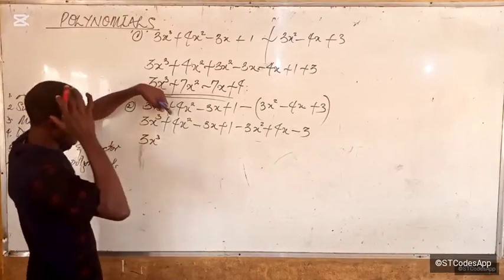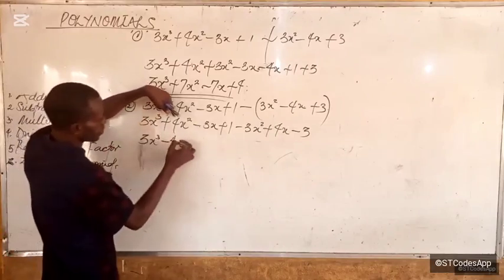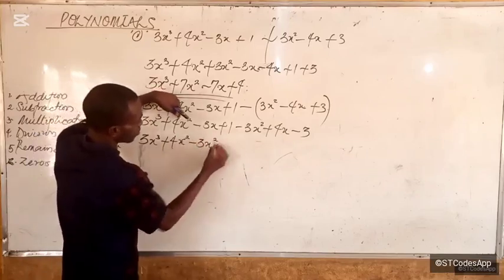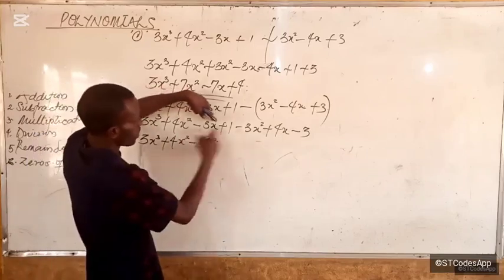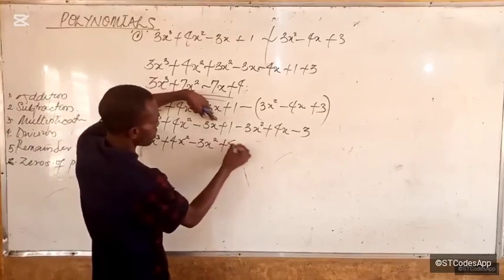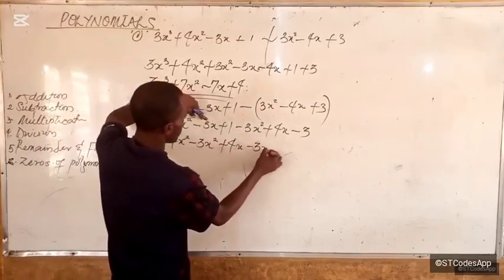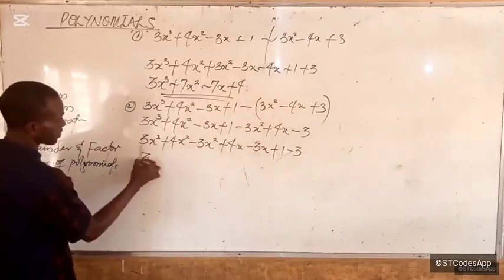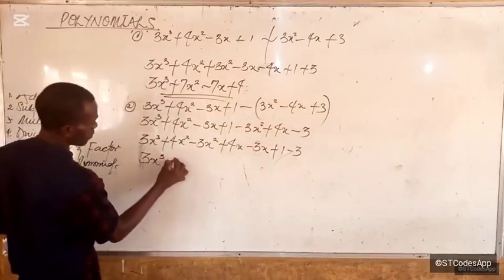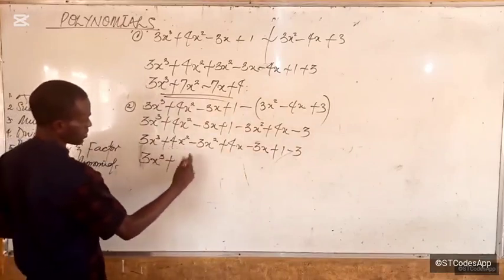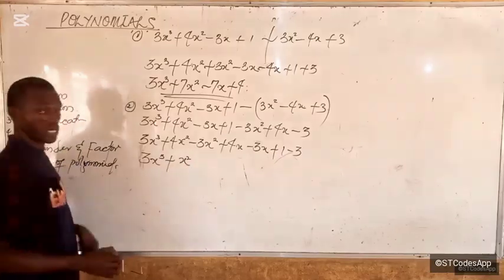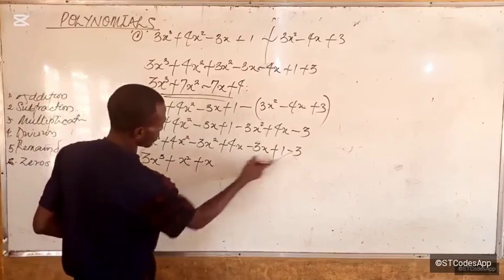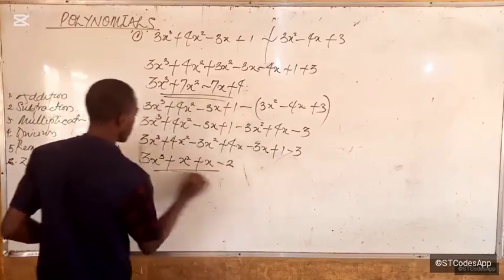Then plus 4x squared minus 3x squared. Then here we have, let's put the positive first, plus 4x, then again minus 3x, and plus 1 minus 3. So here we have 3x cubed plus 4x squared minus 3x squared, this will give us plus x squared. Then plus 4x minus 3x, another plus x, and here minus 2. And that's going to be the answer.